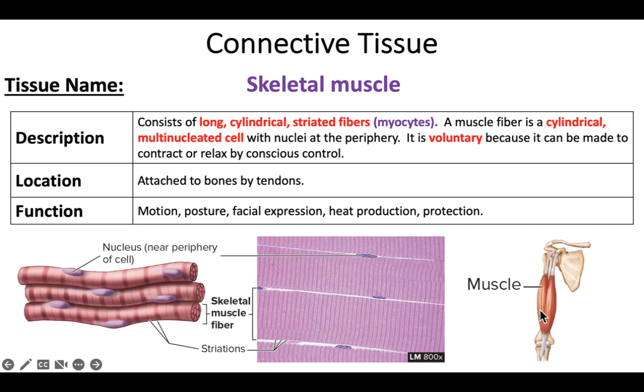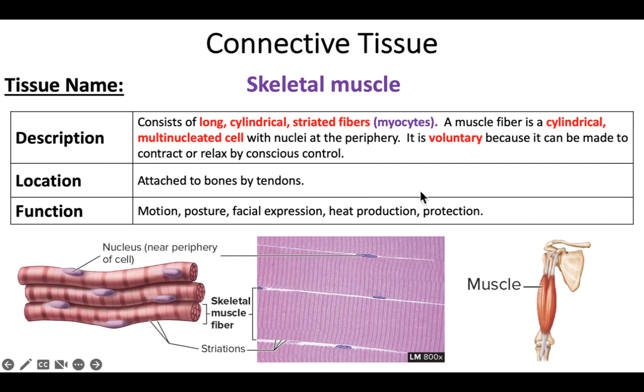Its job is to move bones. All right. Now some skeletal muscle moves skin. So facial expression, right? You're probably smiling right now listening to me. And that facial expression is skeletal muscle, but it's not moving bone, it's moving skin. So that's its location. Function, obviously movement, posture, facial expression.